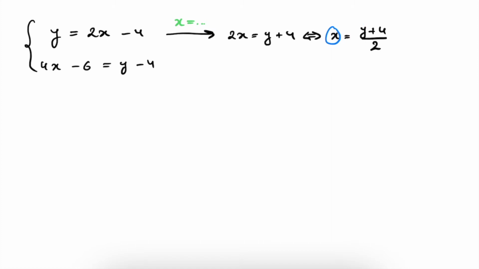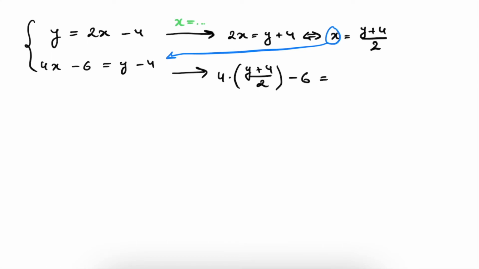This can be used to fill in our second equation, which then becomes 4 times, and now we fill in x, which is (y plus 4) divided by 2, minus 6 is equal to y minus 4. And now the hardest part is already done, and we simply rewrite this equation as a function of y.